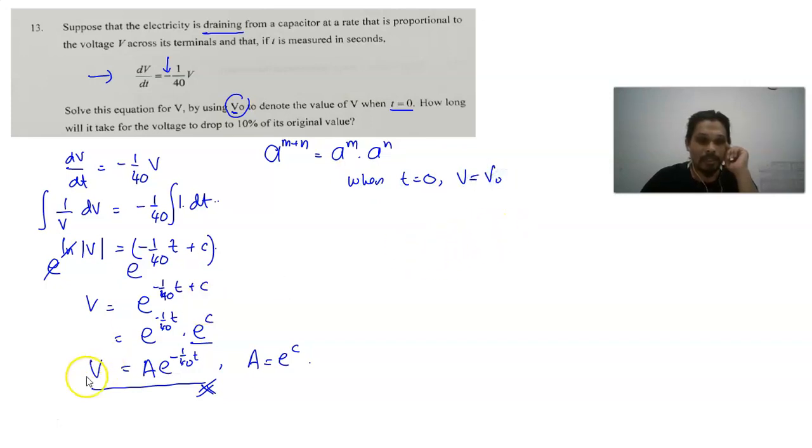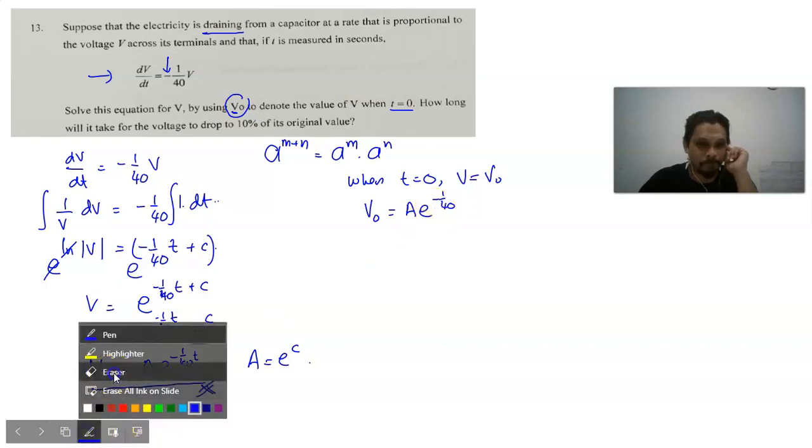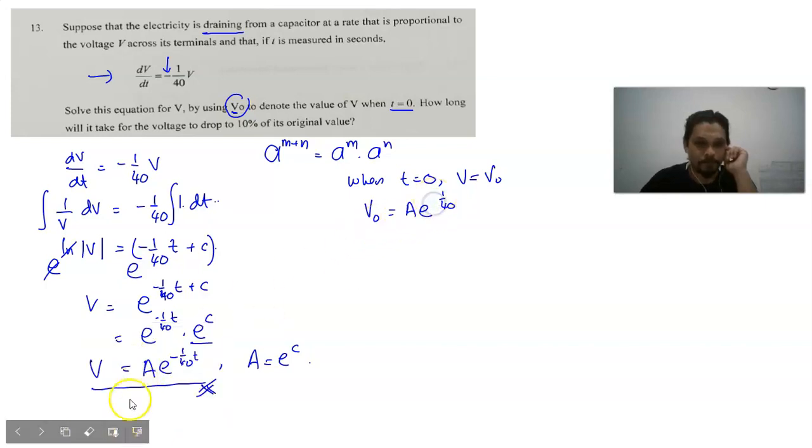Okay, so it means this v will be replaced with v naught here. The initial v naught equals a e power of negative 1 over 40 t, and t equals 0.